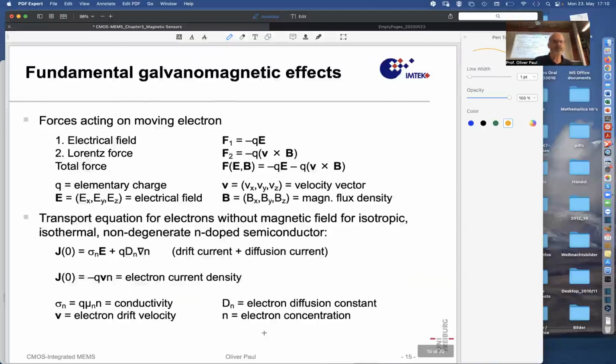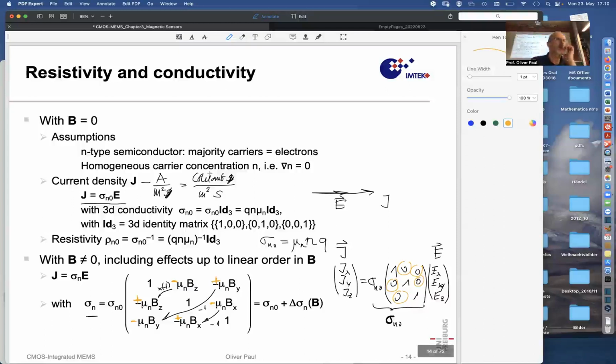So let's look now at some other, yeah, sure. Yes, yes. So the question is, this would mean that B influences the conductivity of the material.